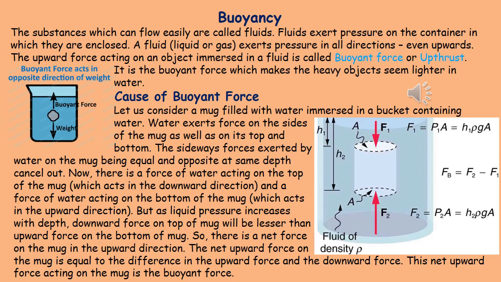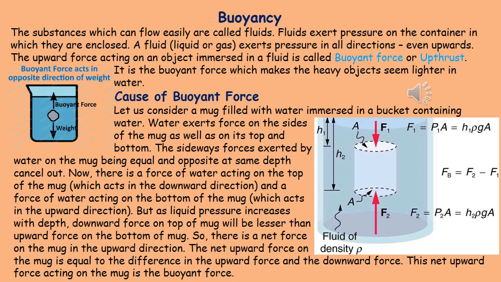But we know that when we go to the deeper region in a fluid, the fluid pressure or lateral pressure increases, because lateral pressure is given by the formula h rho g, where rho is the density. So more is the depth, more will be the lateral pressure.